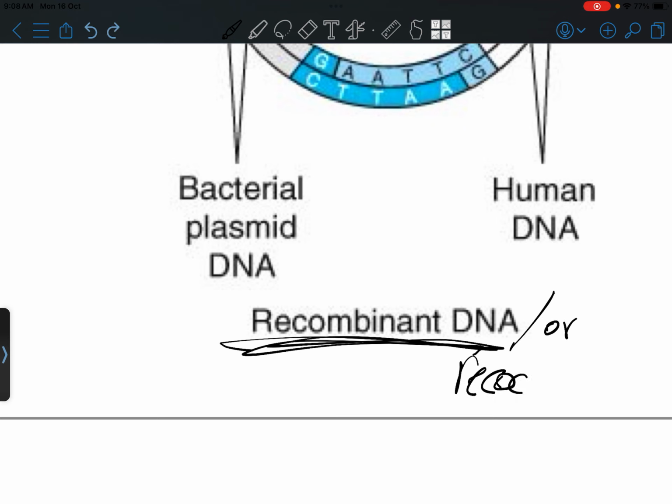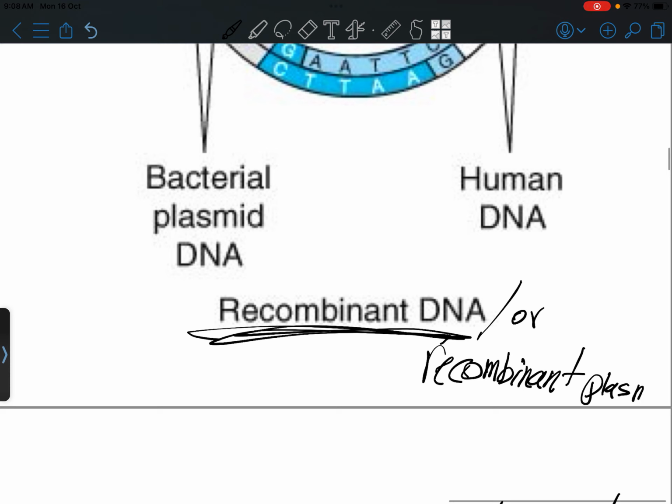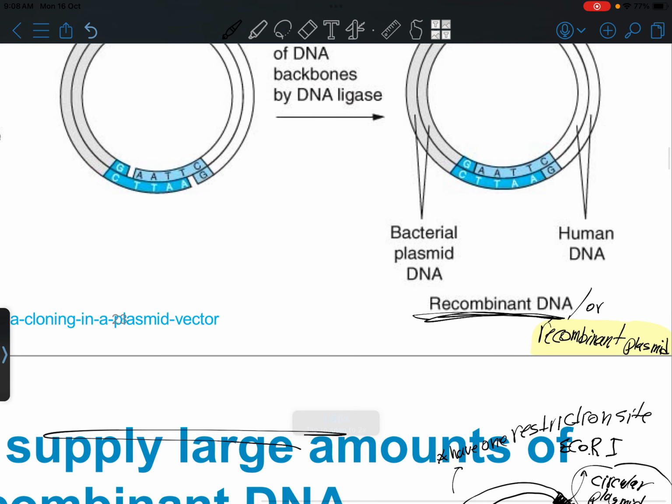What do we do with this recombinant plasmid? The next step is to take this plasmid, put it back where? Inside bacteria. Okay? You have to understand that we get the plasmid from the bacteria, we use it to make a recombinant plasmid, then we take the recombinant plasmid back into the bacteria.